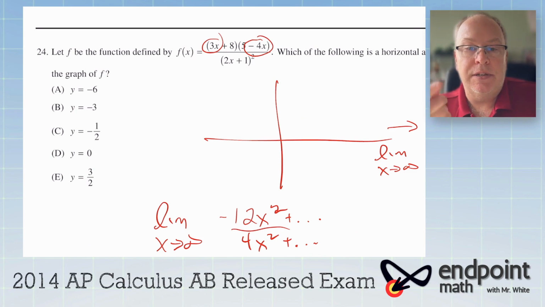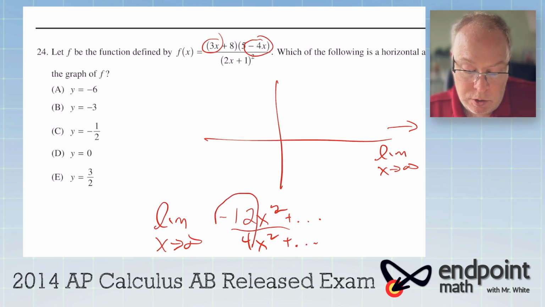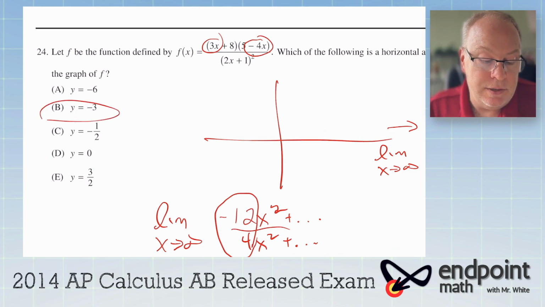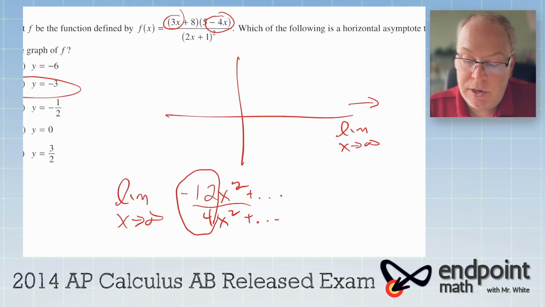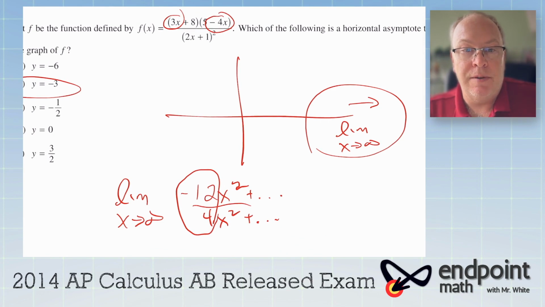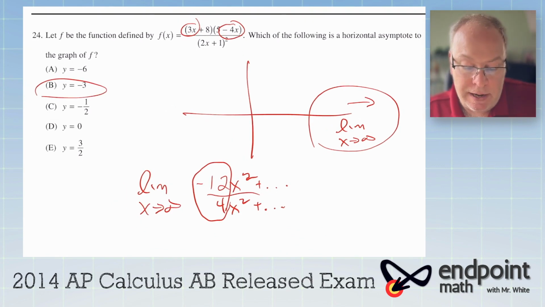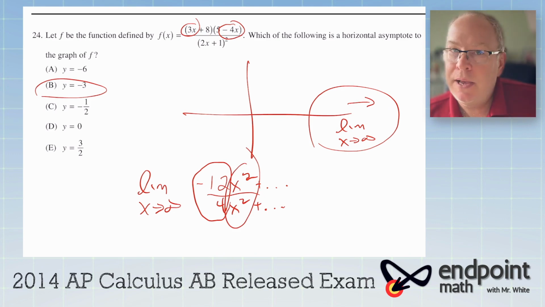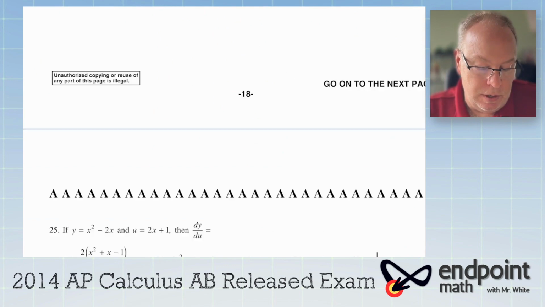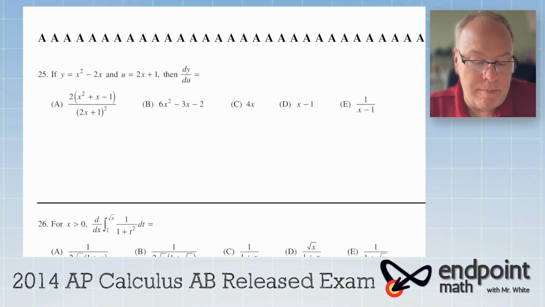So when the degree on the top is equal to the degree on the bottom, you use the ratio of the leading coefficients. So the answer is there's a horizontal asymptote at y equals 3. That turned out to be a pretty easy problem as long as you knew that a horizontal asymptote involves the limit as x goes to infinity, and you realize that the degrees on the top and the bottom are the same, and there's no reason to multiply that out. Don't waste your time, folks. Just those first two terms are all that matter.